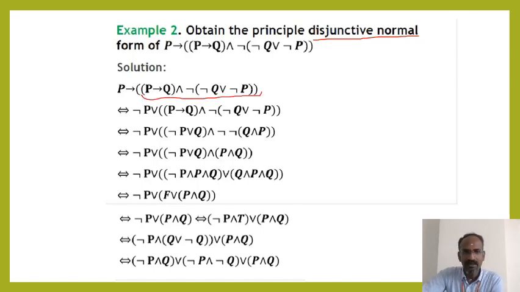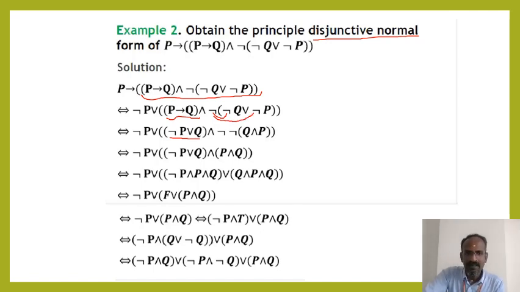So this P conditional means negation P or P conditional Q and negation of negation Q or negation P. So this P conditional Q statement is negation P or Q, and we just take, by De Morgan's law, negation of this: negation Q and negation of negation P.